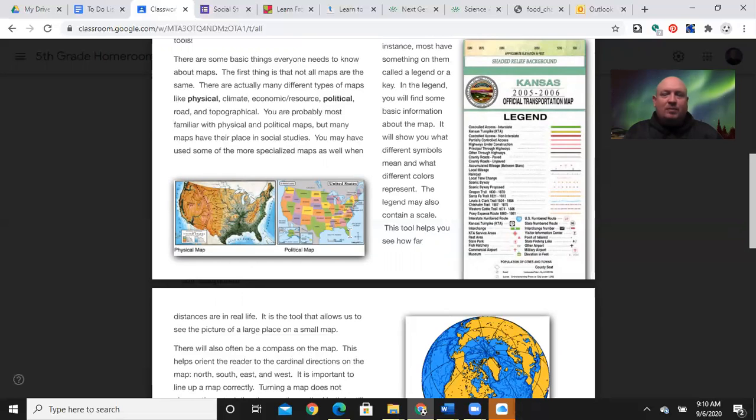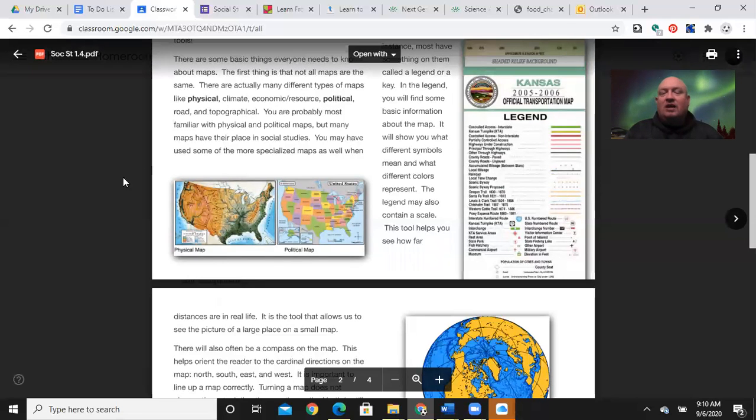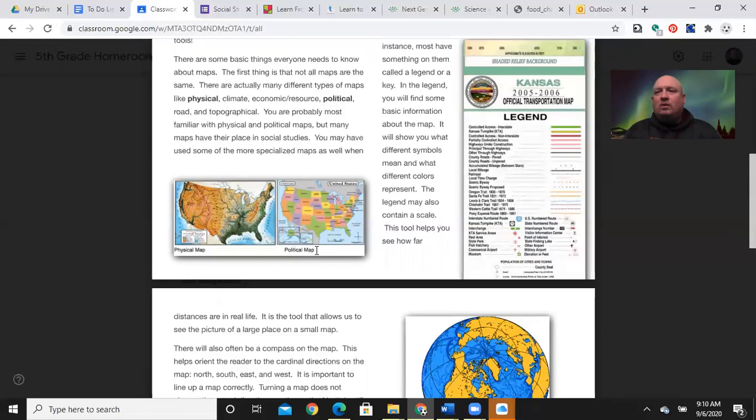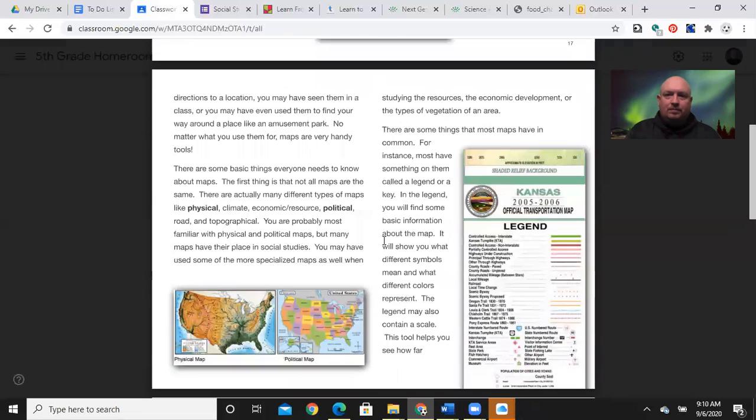If you're going through topographical, we'll show you the height above sea level, so you can kind of see some of the things you'll see in a physical map, but much more specific. A climate map might tell you if it's hot and dry, or if it's a cool and wet kind of environment. Economic maps might tell you what places produce which products.